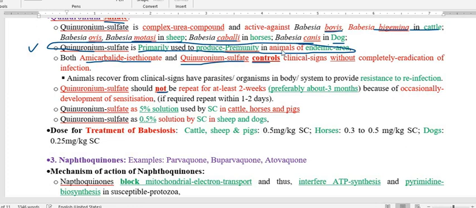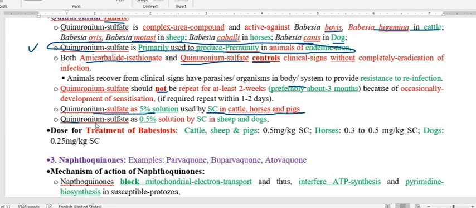And this drug, quinuronium sulfate, should not be repeated for at least 2 weeks, and thereafter about 3 months we may repeat it.